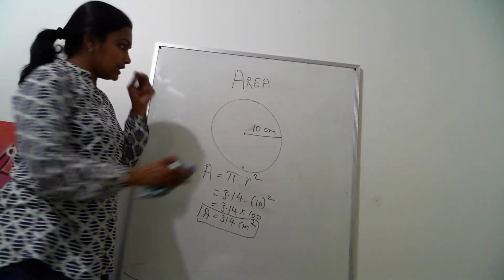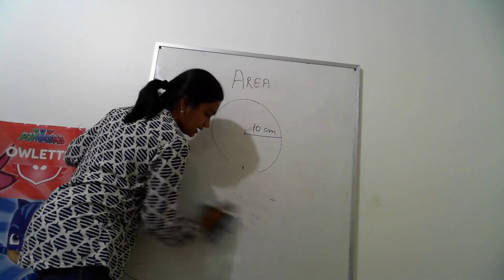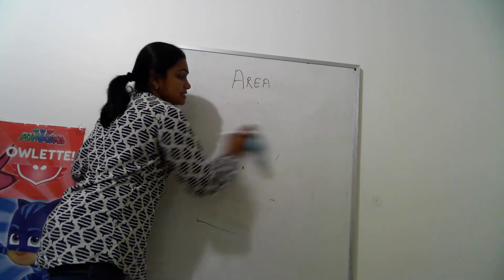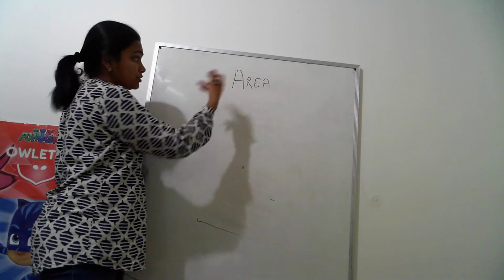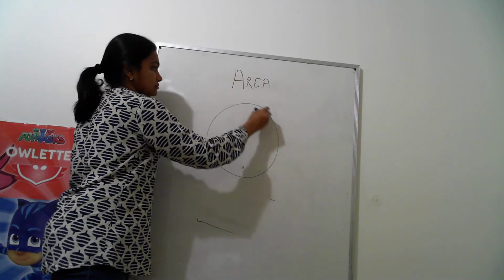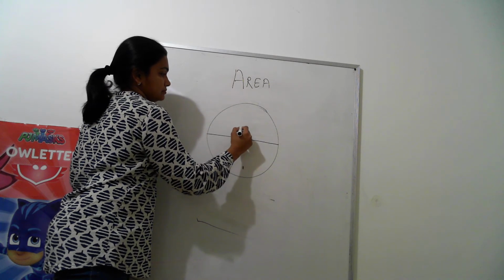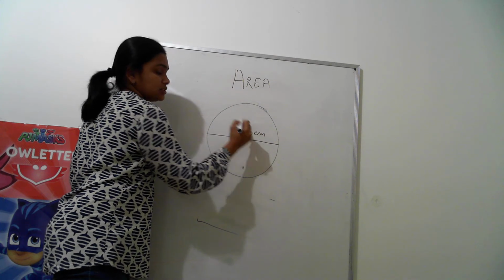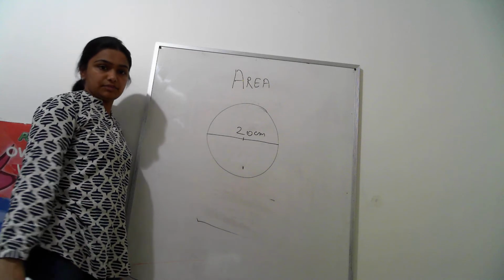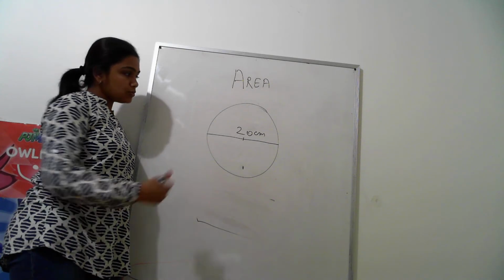Now one last thing, suppose the diameter is given to you and you have to calculate area. Say 20 centimeter diameter is given to you in the question. So what will you do?